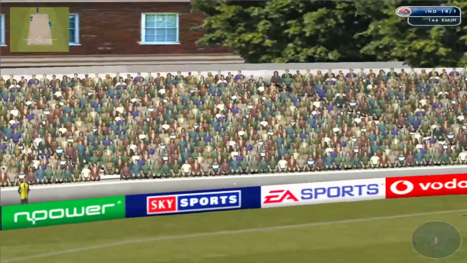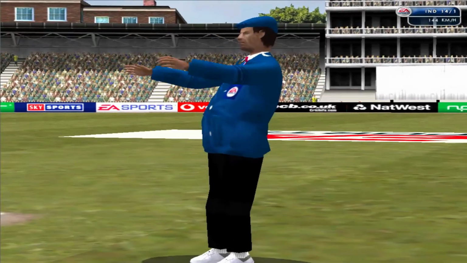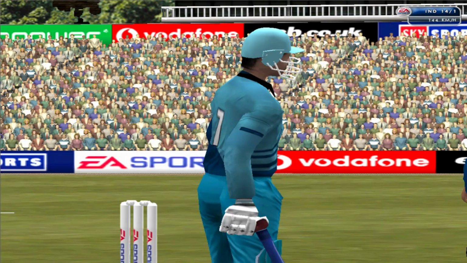That's in the stands. 6 runs. Hardly seemed to hit that, yet it sailed over the ropes. Well, he really hit that a long way. Exciting stuff.